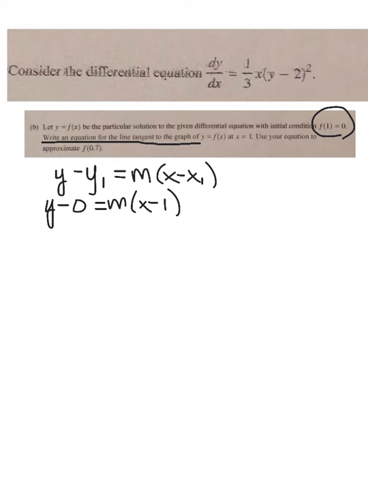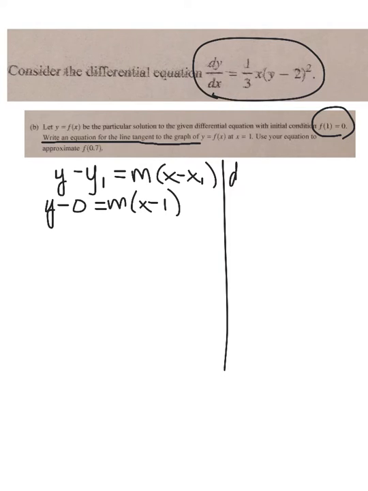Okay, well, m is slope, right? So then all we really have to do is take that slope, and we are going to evaluate that at the point they gave us, which was (1, 0). All right, so we've got 1/3, and the x value is 1, so that's 1/3 times 1, so I'm just going to leave that as 1/3, parentheses, and the y value was 0 minus 2, and that quantity squared.